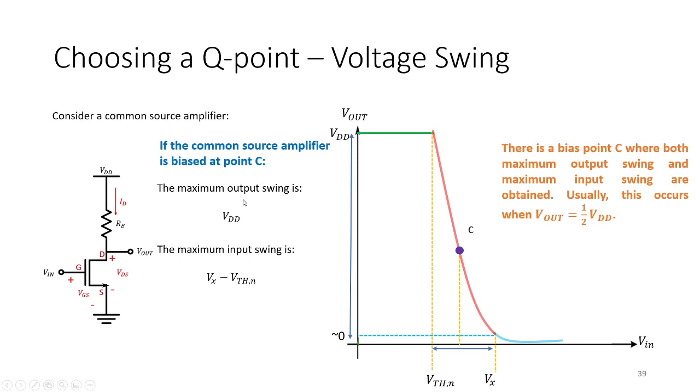So the maximum output swing is approximately VDD, and the input swing is very high also, some certain value Vx and VTHN. Okay, so if you want to have maximum voltage swing on the output side and, conversely, on the input side, you want to bias your amplifier in the middle here, point C.